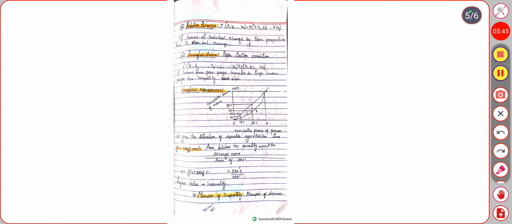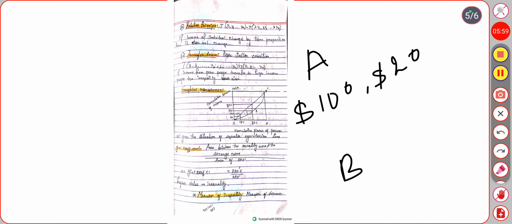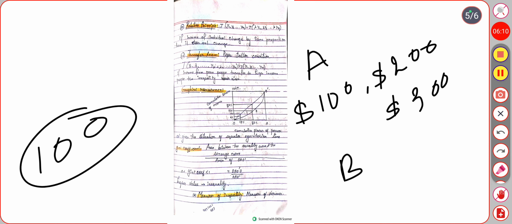For example, consider two societies, society A and society B. Society A has three individuals with income levels of $100, $200 and $300. The difference between individual 1, 2 and 3 is 100.